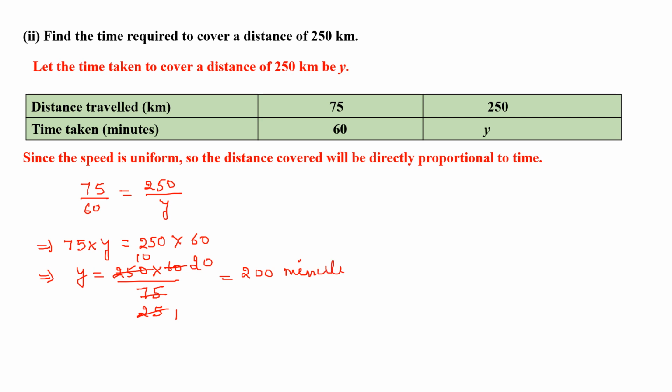So the train will take 200 minutes to cover a distance of 250 kilometer. If you want, you can write the answer in hours also. So it will be 3 hours. 3 hours means 3 into 60, 180 minutes. But here it is 200, it means 20 more minutes. So it will take 3 hours 20 minutes to cover a distance of 250 kilometer.